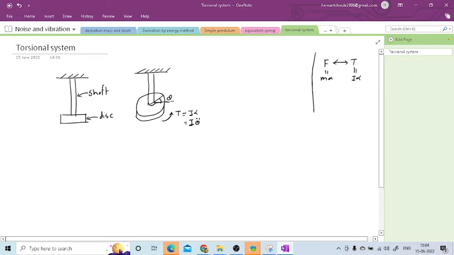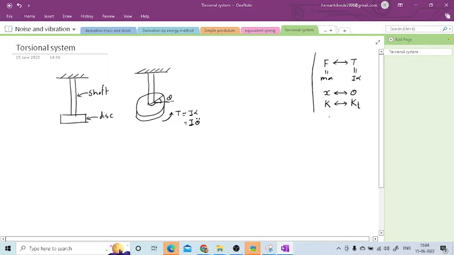So the conversions: in linear system force, in torsional system torque. In linear system displacement is x, in torsional system displacement is theta. In a linear system we require the stiffness k, in a torsional system it is normally represented by kt.